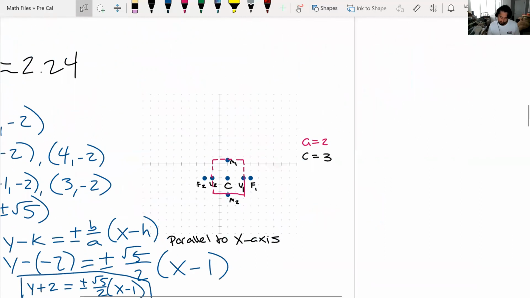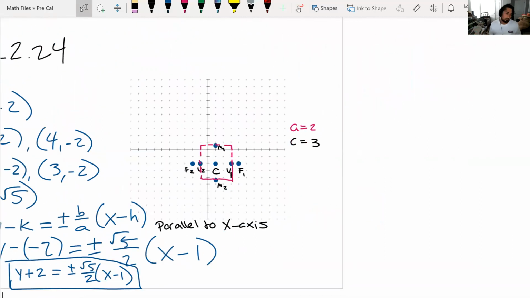All right. And if it wants you to solve for y, just move that 2 over, distribute the square root of 5 over 2, and solve for y. That's it. Okay. So let's draw our asymptotes that cut through the center and the corners of the rectangle.